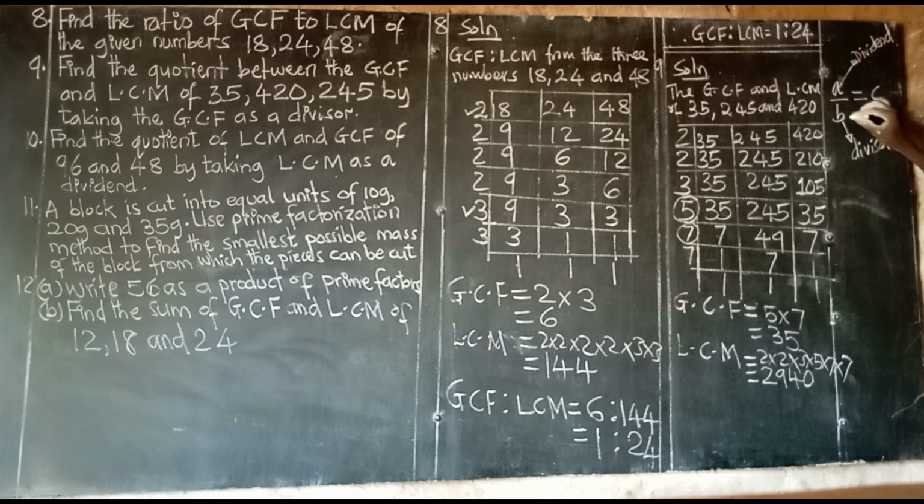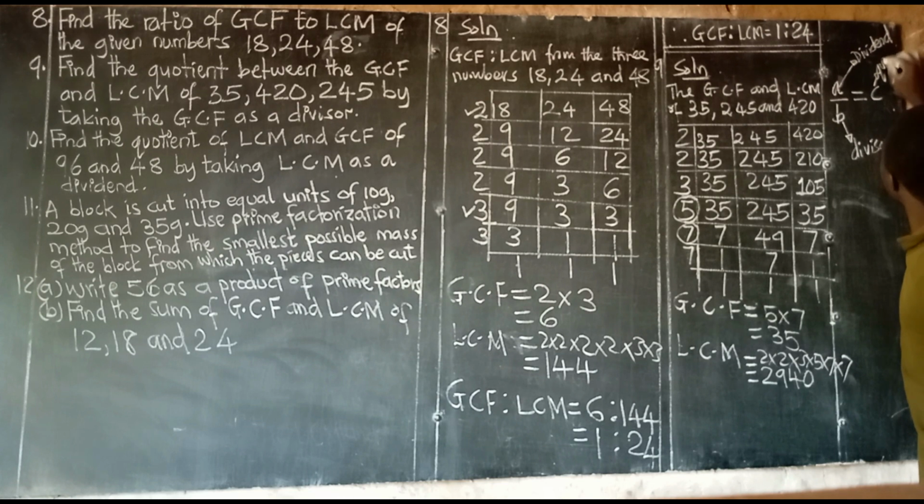So the number which divides another number is known as a divisor, and the number to be divided is known as a dividend. The answer which is obtained after division is known as a quotient.